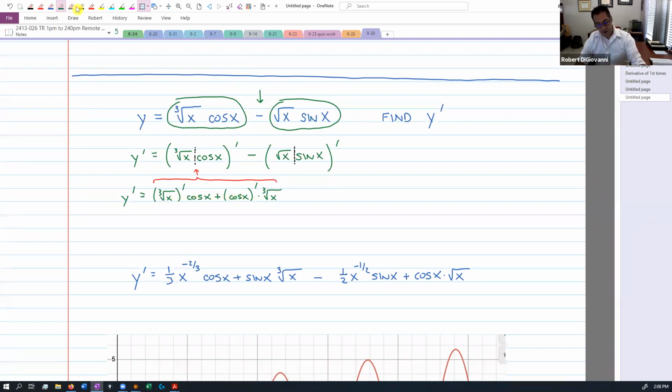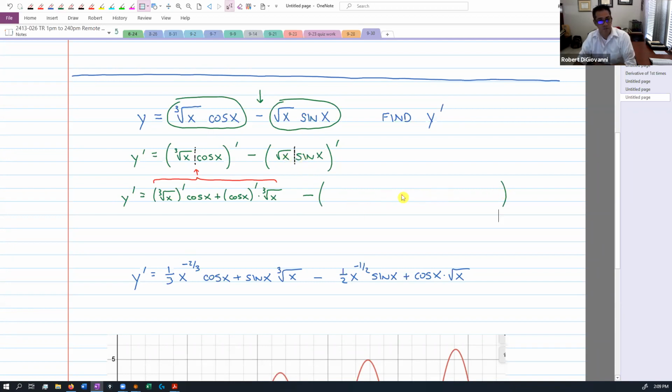Then I have a minus sign. When I'm subtracting everything this becomes, if this turns into 2 or 3 or 4 different pieces, I've got to subtract each piece, which means I need to put a parenthesis around this and then do my product rule in here.